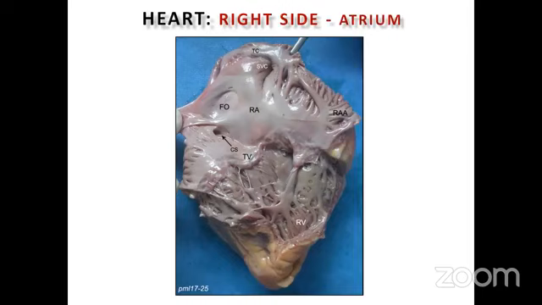Three veins enter the right atrium: the superior and inferior caval veins and the coronary sinus.